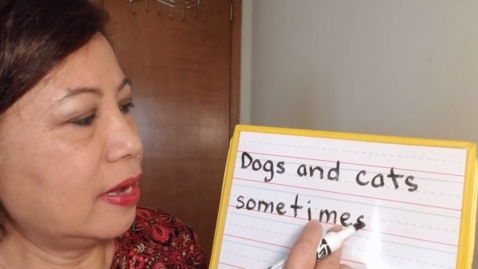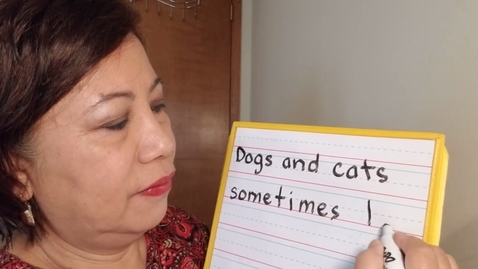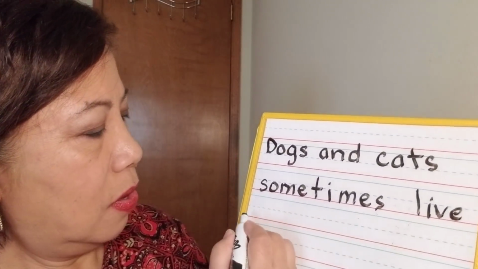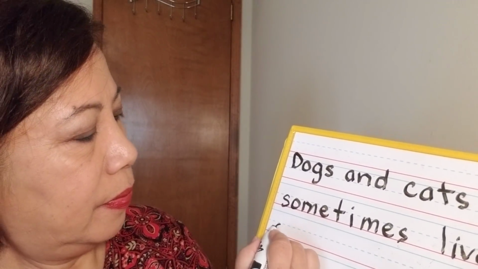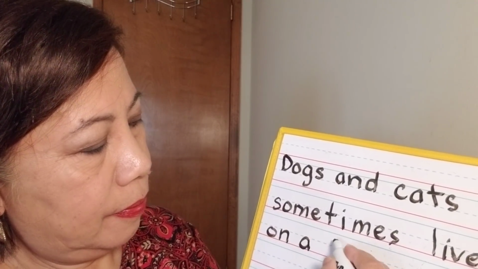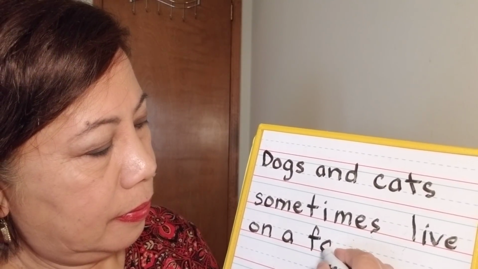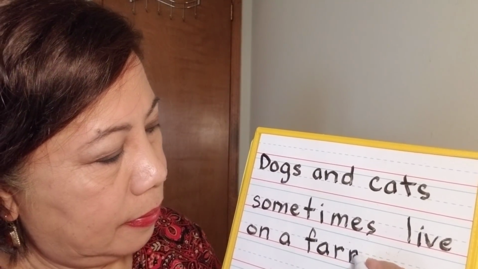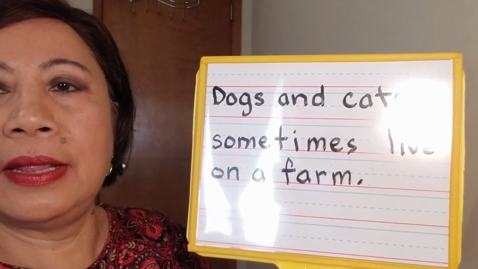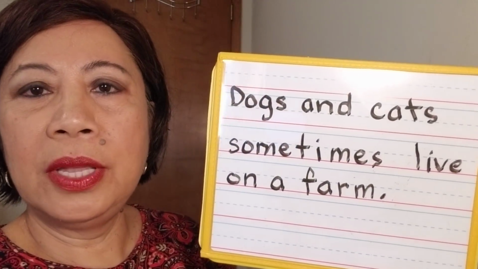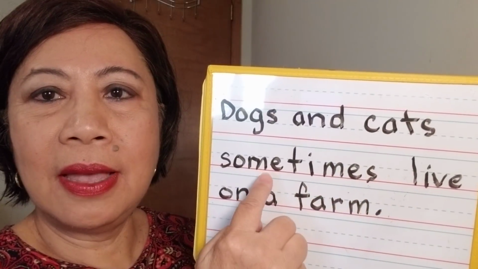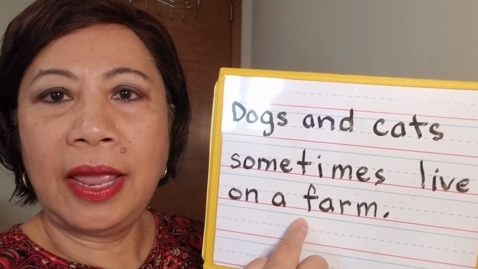This word is sometimes. Live on a farm. Period. Now remember, a sentence must begin with a capital letter. It must end with a punctuation mark. They said dogs and cats sometimes live on a farm.